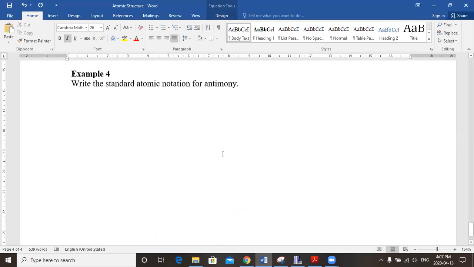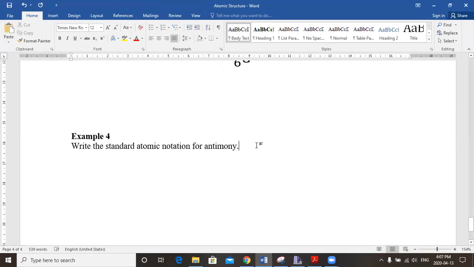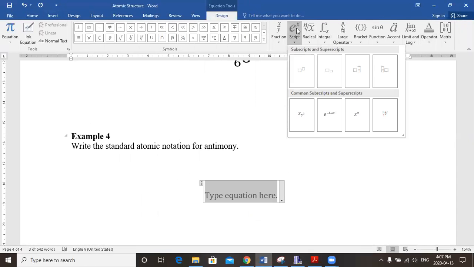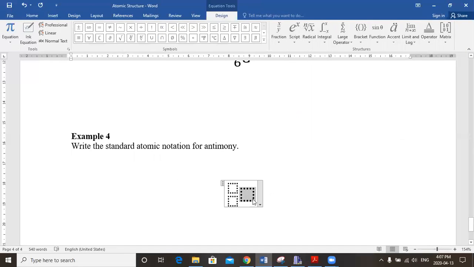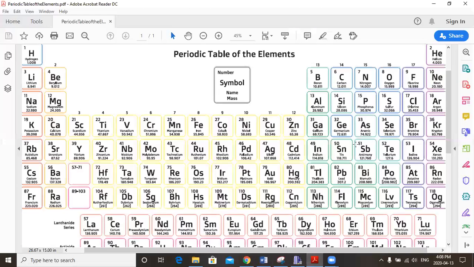Okay, so our last example here would be looking at the standard atomic notation for antimony. We'll make that a bit bigger, and we'll do the same thing. Insert the superscript and subscript on the left, and we'll go find the atomic symbol for antimony. So we look for antimony. There it is.